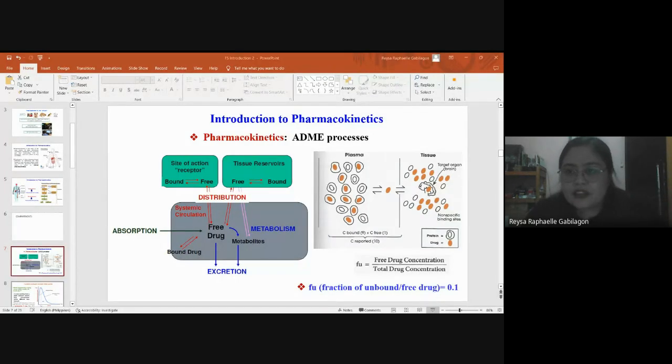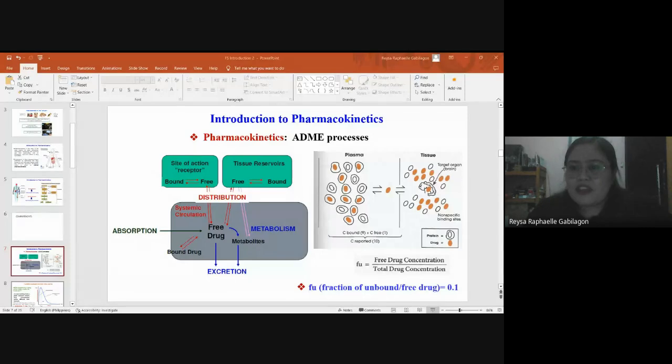If we get to have a volume of distribution of at least like 4 liters and below, most likely the drug stays in the plasma, in the blood. So most likely may mataas yung protein binding. And then nasa interstitial fluid yung drug if you get at least like 5 to 10.